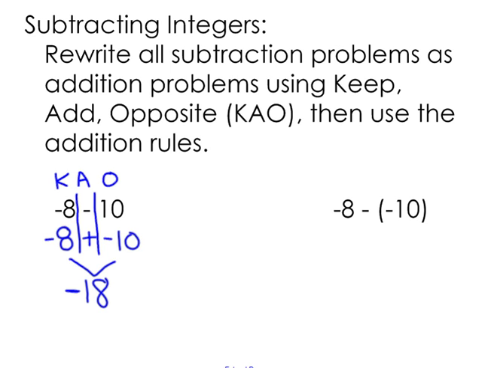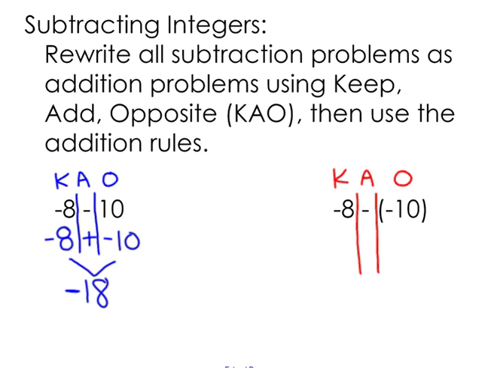Okay, let's look at one more example, especially when you have multiple subtraction or negative signs lined up. This will make the problem a lot simpler. Okay, so the column is going to go around the subtraction sign, which in this case is that first negative sign that we see. So keep, add, opposite.